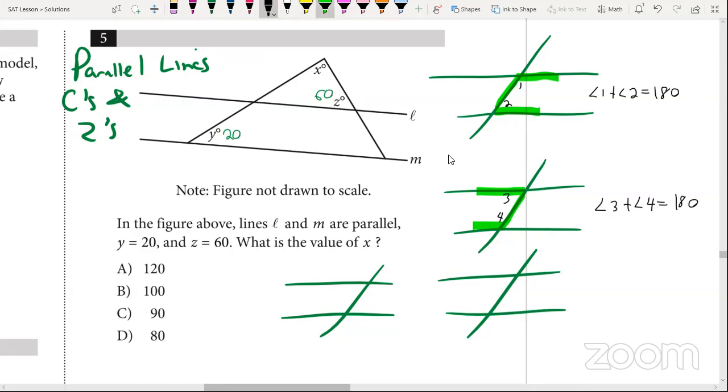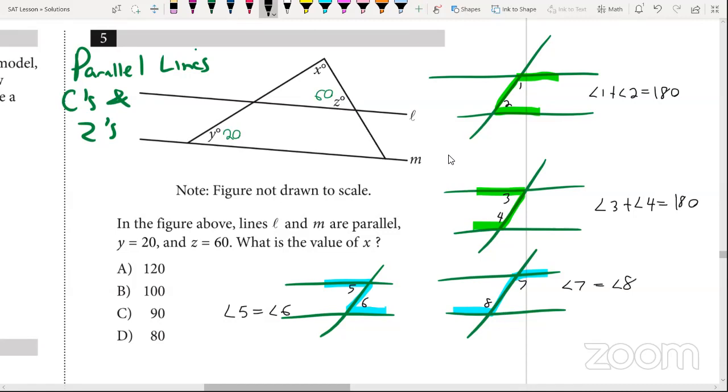And if instead of a C shape, we have a Z shape, like that or like that, then we need to know that the two inner angles of that arrangement are equal to one another. So here, the measure of angle 5 equals the measure of angle 6. And here, the measure of angle 7 equals the measure of angle 8.